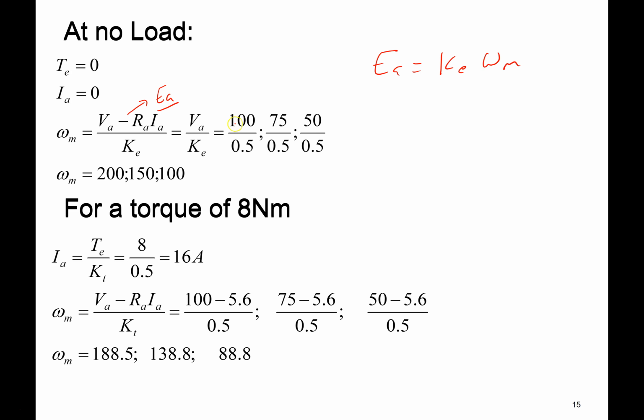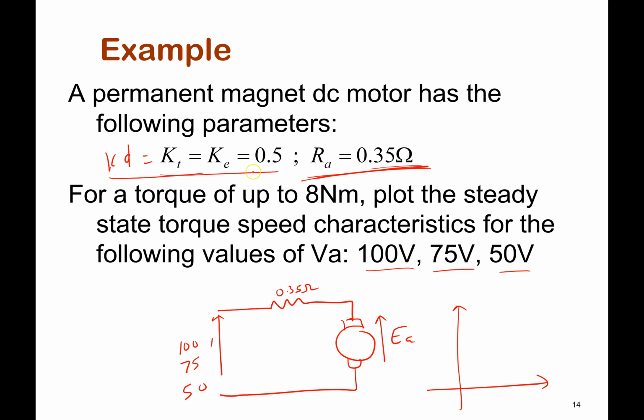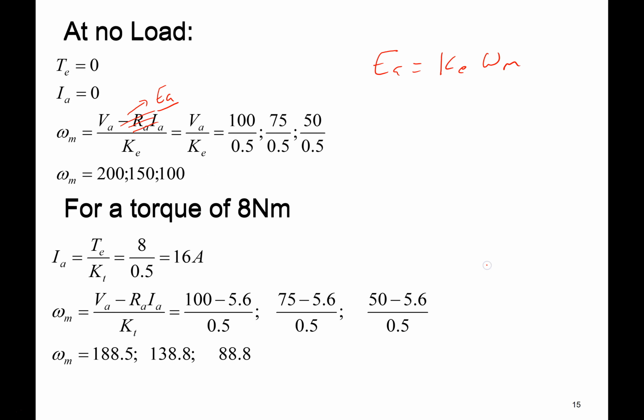So I simply now plug these into the equation. Ia is 0, so it gets rid of this. So I have Va on Ke, so I have 100 on 0.5, 75 on 0.5, and 50 on 0.5 for the various cases. Remember, Ke here is 0.5. And that gives me 200, 150, and 100 respectively. So my initial speed with no torque would be 200, 150, and 100.